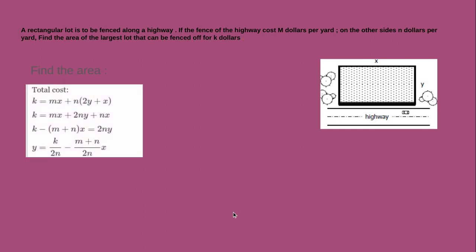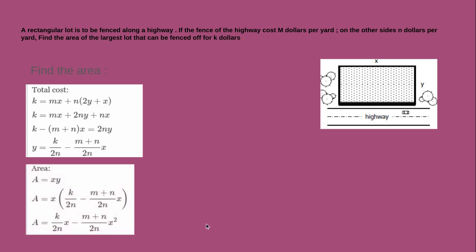So this is the value of our y, which is equivalent to k all over 2n minus m plus n all over 2n x. A while ago, I said that we let width be equal to x and let the length be equal to y. Then our area will be A is equal to xy, or x times y. After that, we are going to substitute the value of y in our problem.